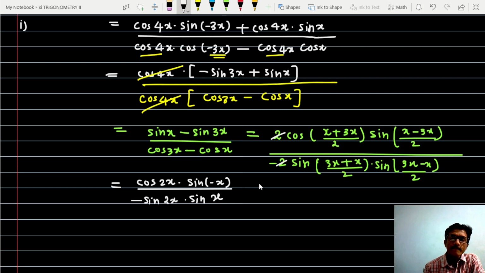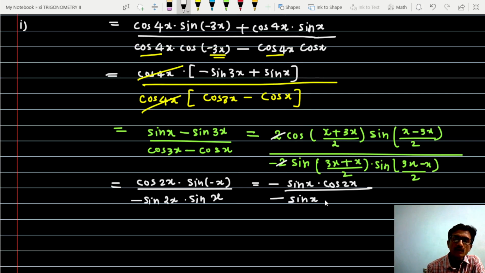Then see here, sin of minus x is minus sin x, so we will write it minus sin x into cos of 2x, upon denominator negative sign is there already, sin x into sin of 2x.